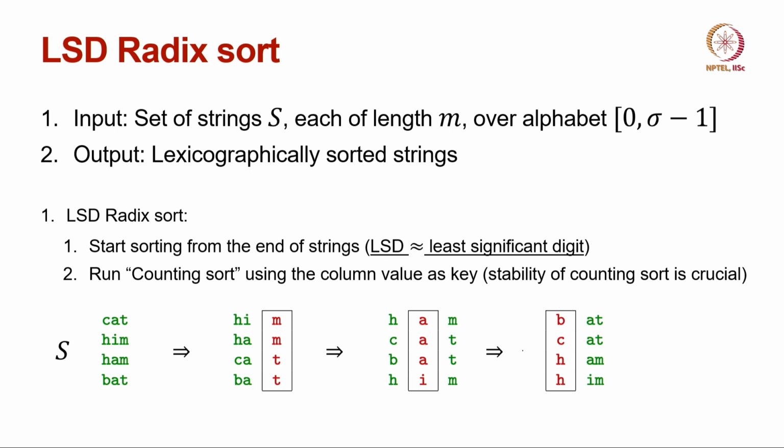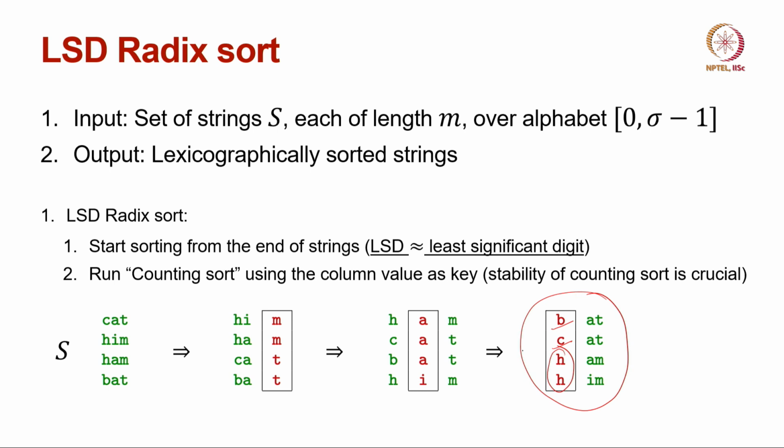Finally, in the last iteration we are going to sort all these strings based on the first column, and this time the strings that started with B and C will appear first, and the strings that are starting with H will appear later. Now one can ask, how is this algorithm working? Why is this algorithm correct? This is the last phase of the algorithm. This is where the algorithm stops.